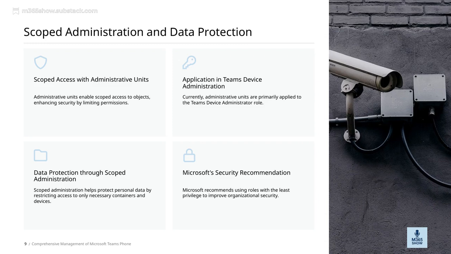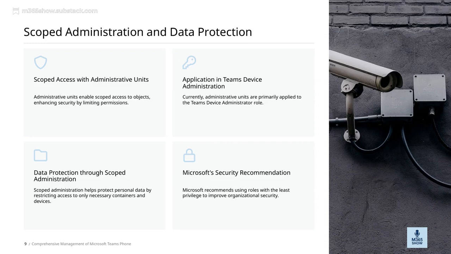Currently, most organizations apply administrative units mainly to the Teams device administrator role. This means they limit that role's scope to specific objects, which is a smart way to control permissions more precisely. Administrative units enable us to grant scoped access to different objects within Teams.